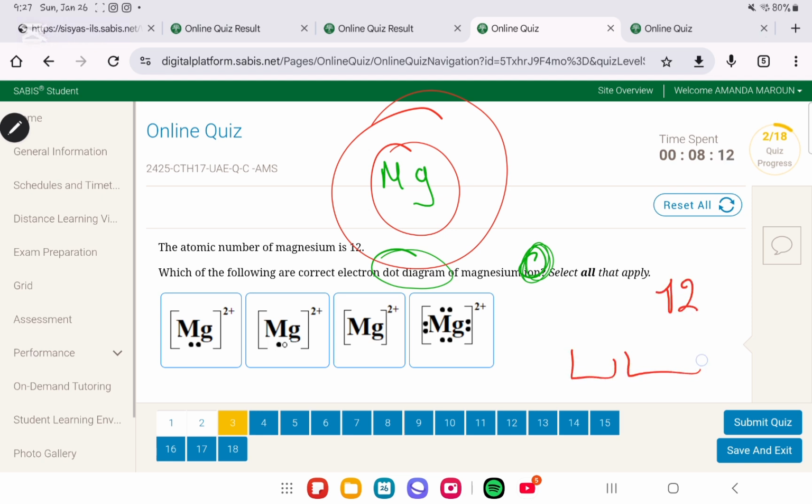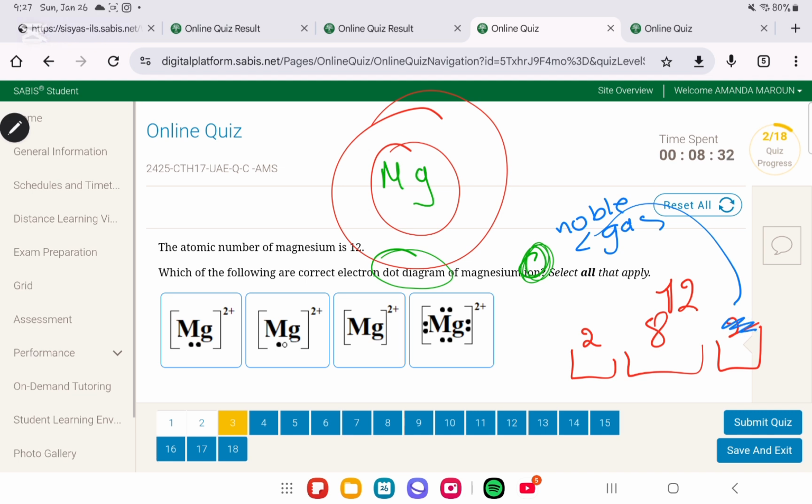So if we did its electron configuration, it's gonna be 2, 8, 2. Okay, so what's gonna happen for it to reach the noble gas configuration? It's gonna lose 2 electrons, so it's gonna be 2 plus.